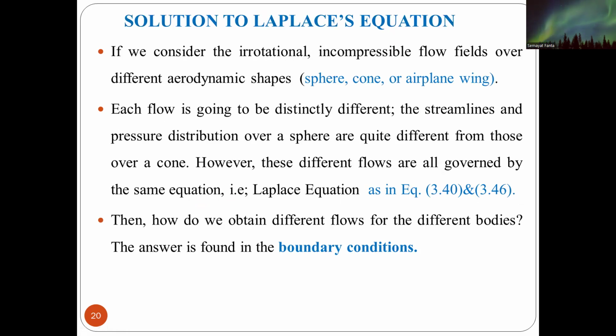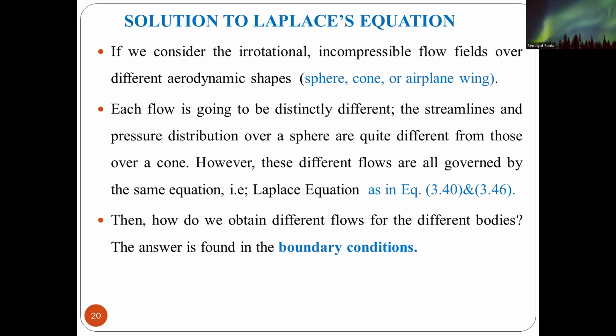If we consider irrotational incompressible flow field over different aerodynamic shapes, for example, spherical shape, conic shape, aerofoil shape, and other shapes, each flow is going to be different. They are different because their boundary conditions are different, and the streamlines and the pressure distribution over each of these shapes are quite different.